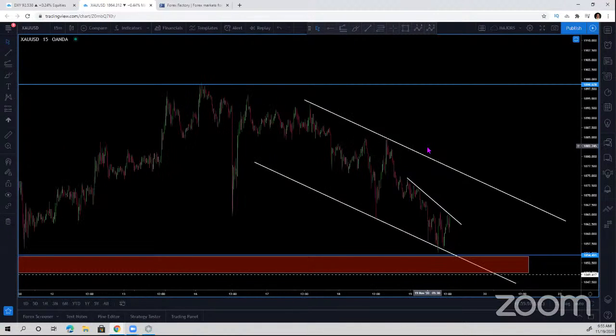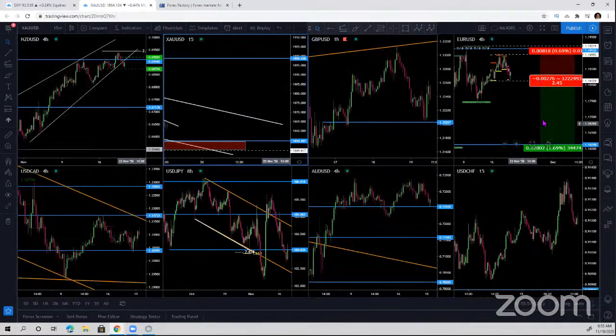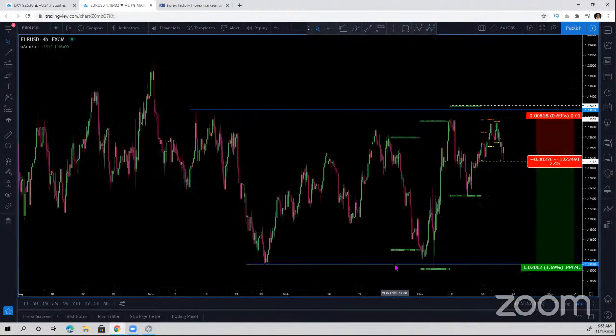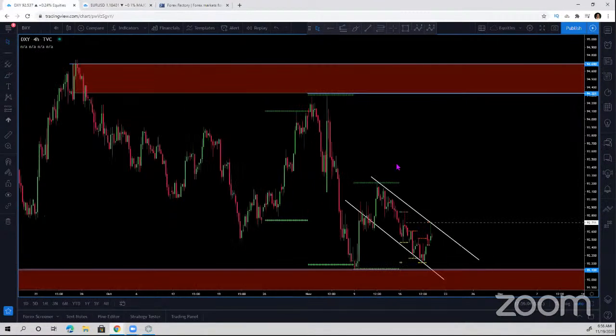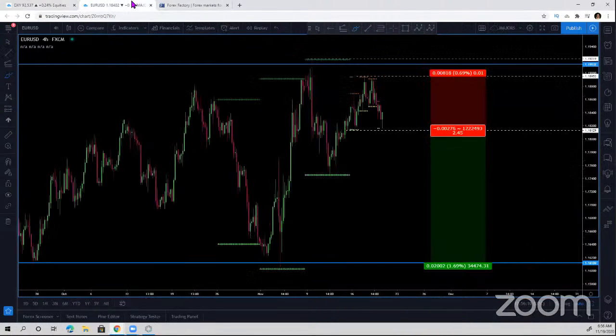Right. So if there is not a question for everybody that just joined us, this is something that we are thinking about taking. If the US dollar breaks to the upside today, right?